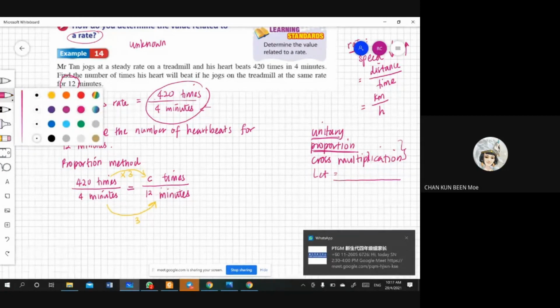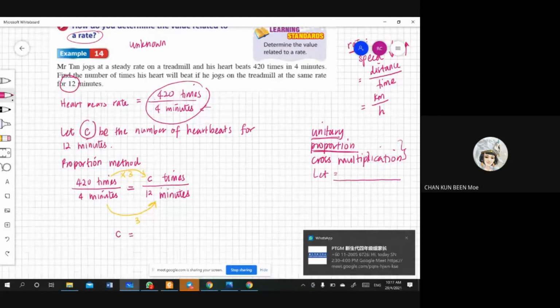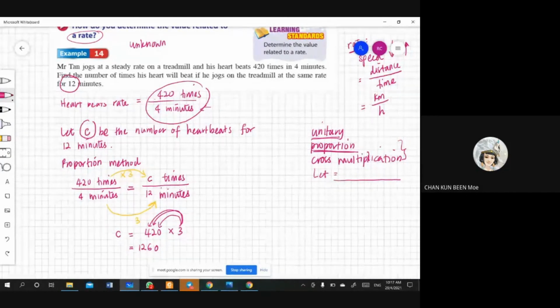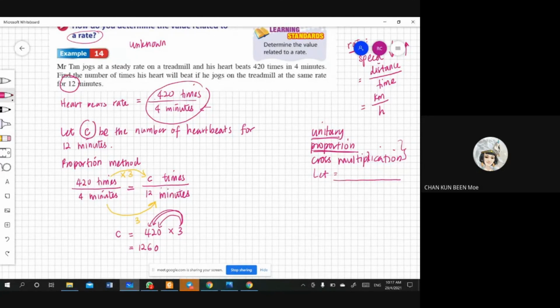Okay, so we can get the answer already. To get the answer over here, C is equal to 420 times 3. So 3 times 0, we get a 0. 3 times 2, we get a 6. 3 times 4, we get a 12. So it's 1260, meaning that Mr. Tan's heart will beat 1,260 times in 12 minutes.